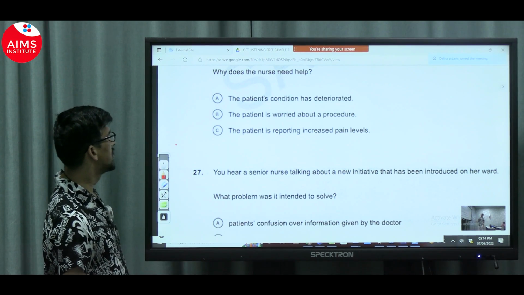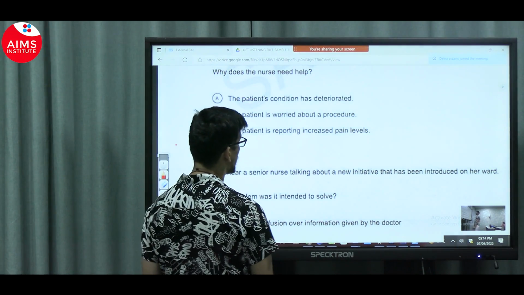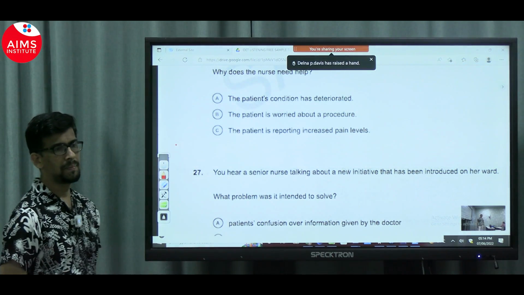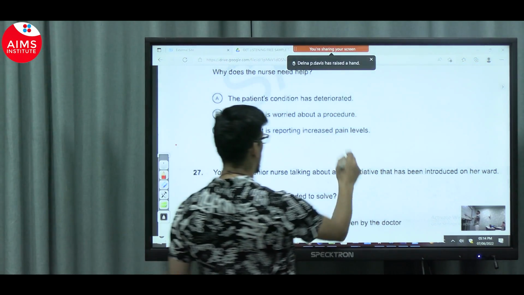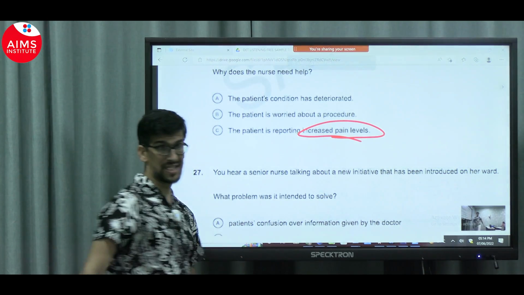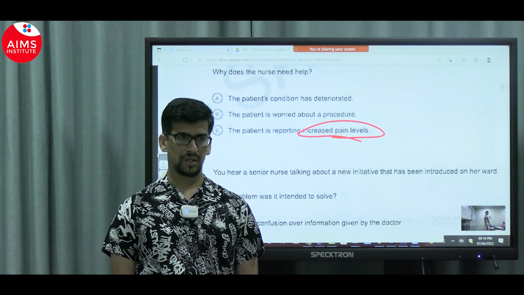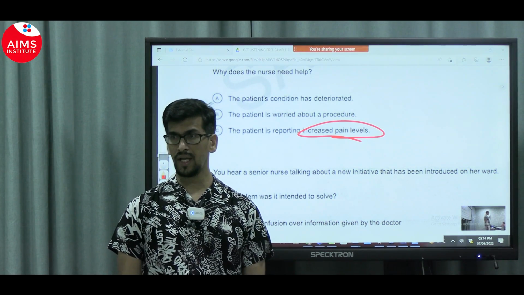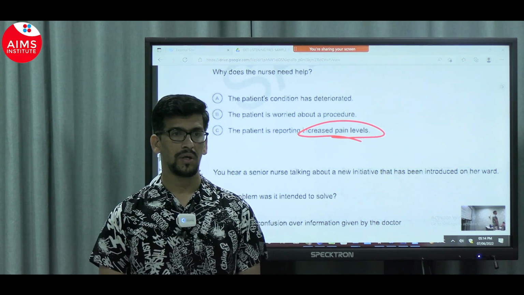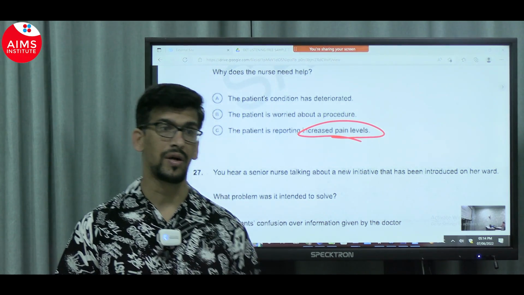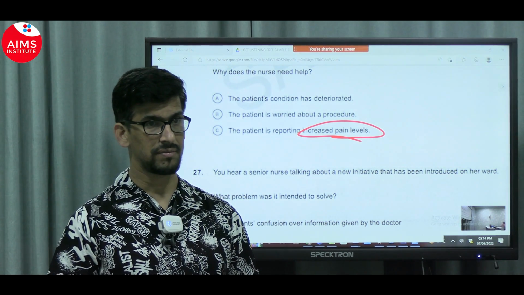The last option is: the patient is reporting increased pain levels and the doctor has not prescribed any painkillers and the surgeon is out for the day and I don't know what to do now, so I thought of asking your suggestion.